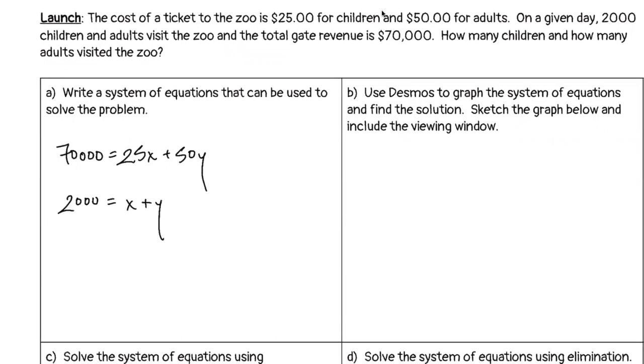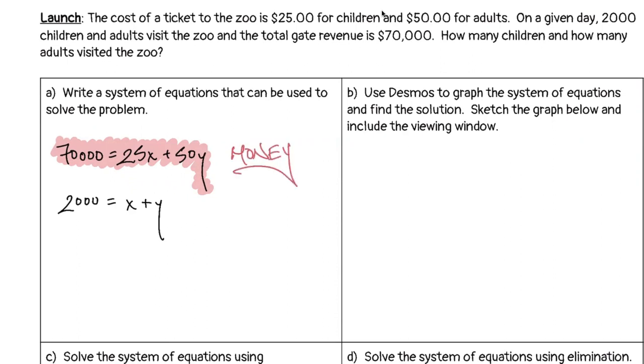All right. So hopefully you ended up with something like this. And one thing that I want to point out is that usually when you're looking at these kinds of questions, if you're asked to write them into equations, what you'll usually end up with is one equation that is about money.